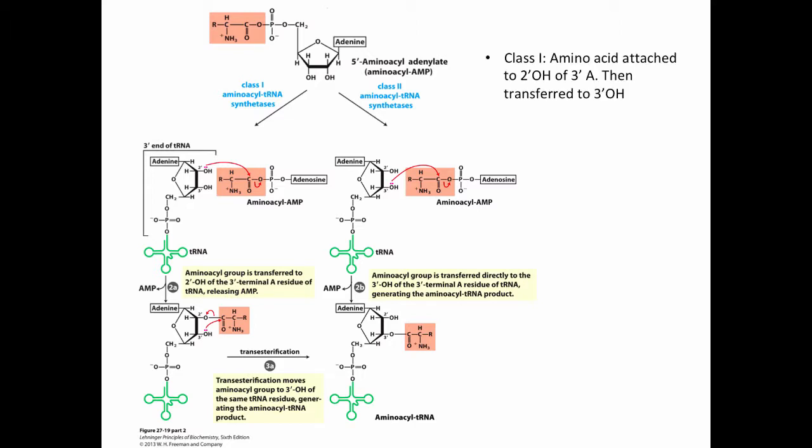So if it's a class 1 tRNA synthetase, the amino acid will be attached first to the 2' hydroxyl group of the ribose on that 3' adenine of the tRNA, and then transferred to the 3' hydroxyl group.